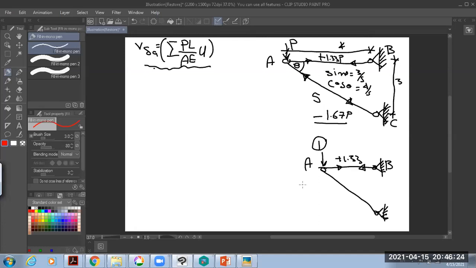And for sure 100% the internal force in member AC will be compression, minus 1.67. Now I get all the internal forces due to the external force B and the unit load, which we call virtual work. To do what? Do this table.